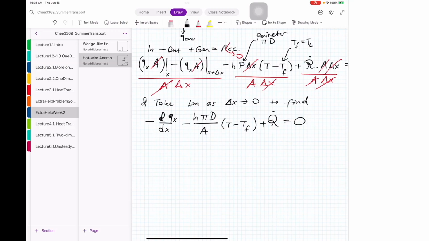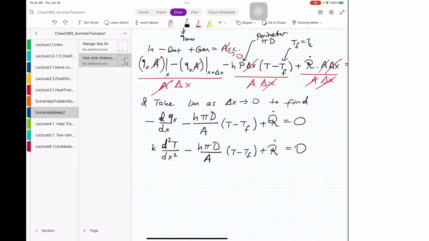And now we're going to use Fourier's law of heat conduction to get k times d squared T over dx squared, minus h pi d over A, T minus Tf, plus r dot. And instead of A, this term, it's the cross-sectional area, right?